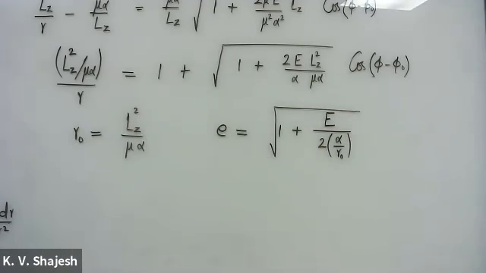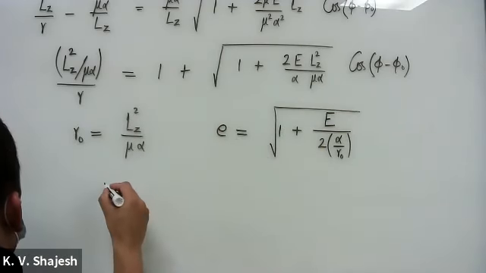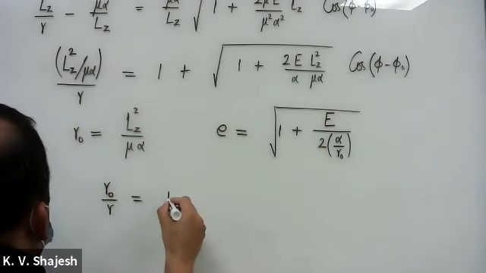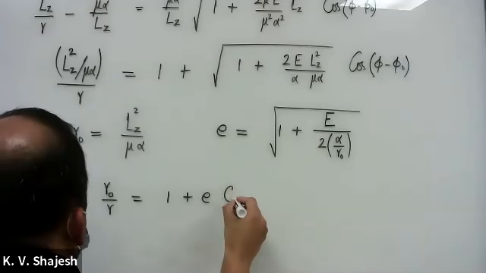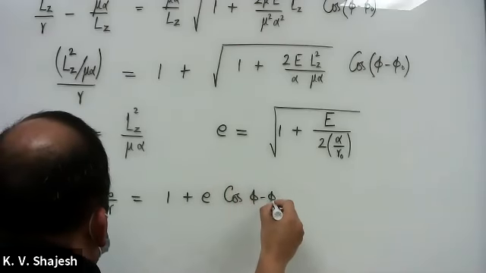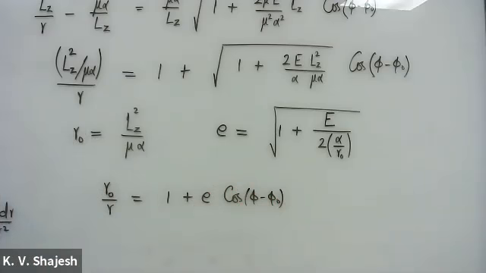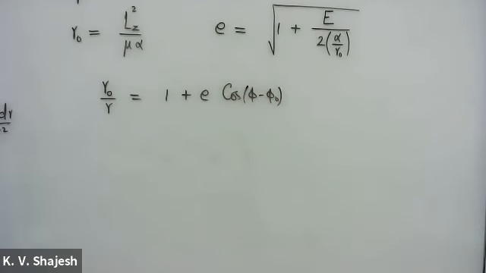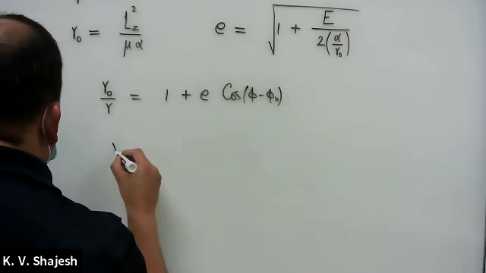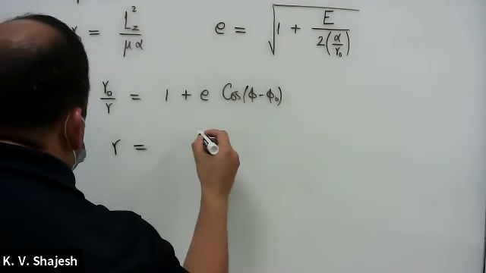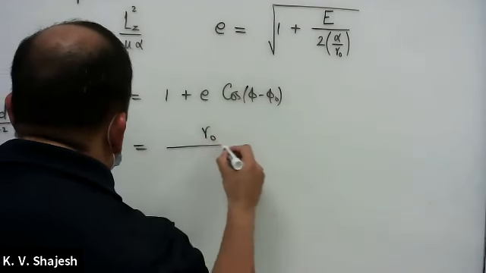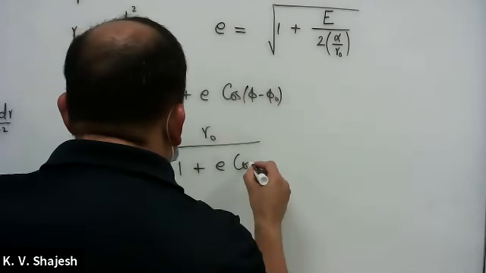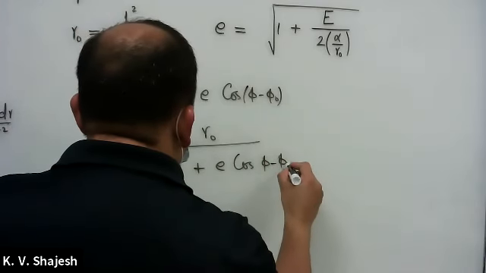So our solution in terms of these constants is R naught over R is equal to 1 plus E cosine of phi minus phi naught. Which, if you invert this, immediately gives R as a function of the angle: R naught over 1 plus E cosine of phi minus phi naught.